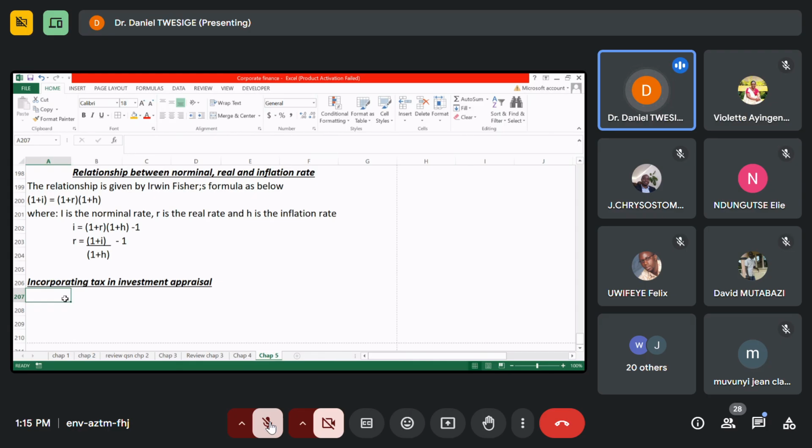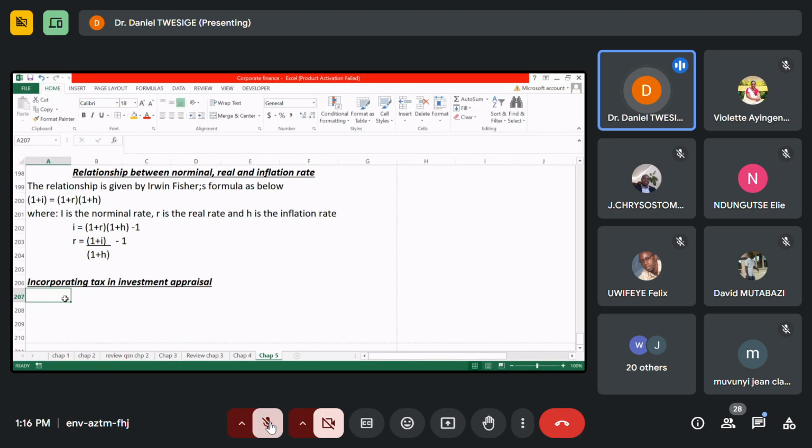The second effect of tax is that depreciation, if allowed, reduces the amount of tax that you are supposed to pay. Meaning, if you are depreciating an asset, you will enjoy a tax saving on the depreciation, which is a benefit.